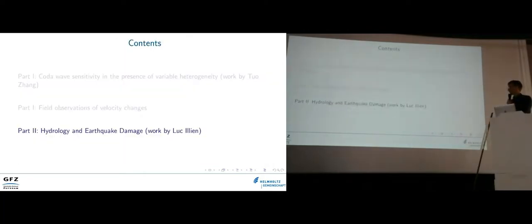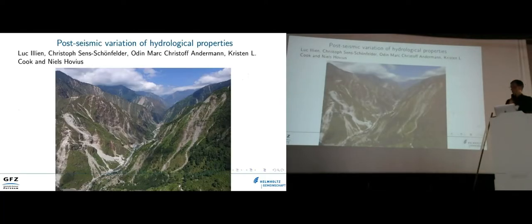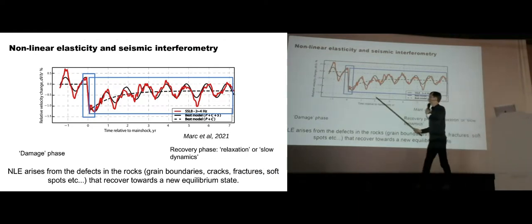So let me talk about the hydrology and the interrelation between hydrology and earthquake damage. This is work, as I said, done by Luc Elian and other colleagues from geomorphology at GFZ. So this is a typical observation of earthquake damage in a bit more detail.